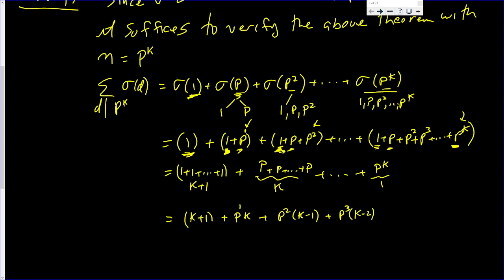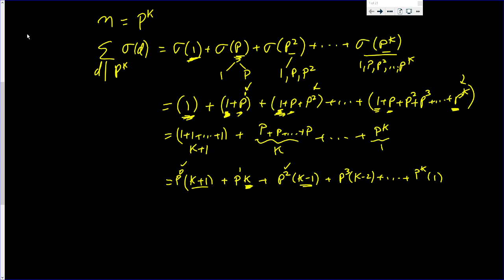Notice that the power of p plus this coefficient is always k plus 1. If you like, here we have 0, and 0 plus k plus 1 is k plus 1. So when we get down to p to the k, we should just have 1.